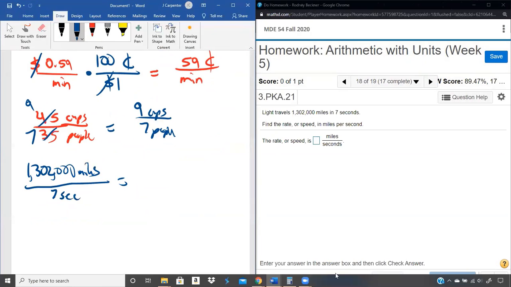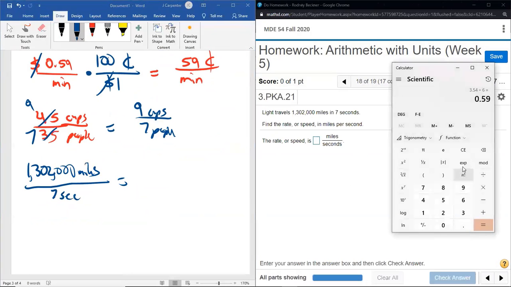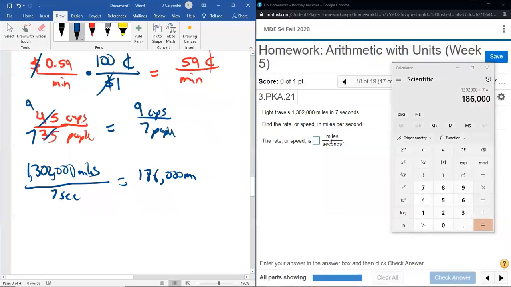We're just going to do the division. Doesn't say anything about fractions. 1,302. Watch your numbers. 0, 0, 0 divided by 7. It's 186,000. The miles are still on the top.